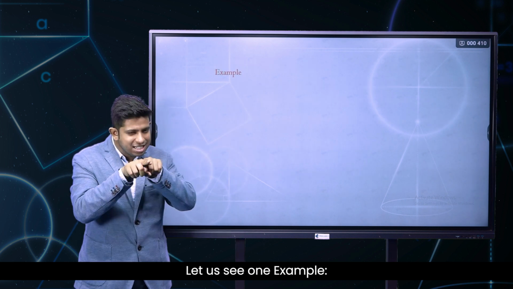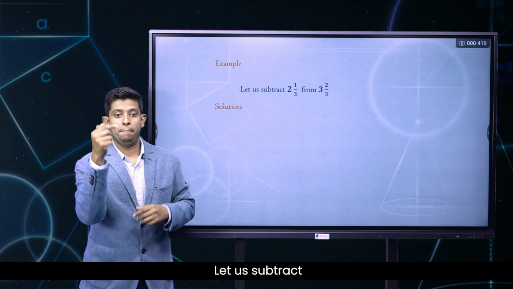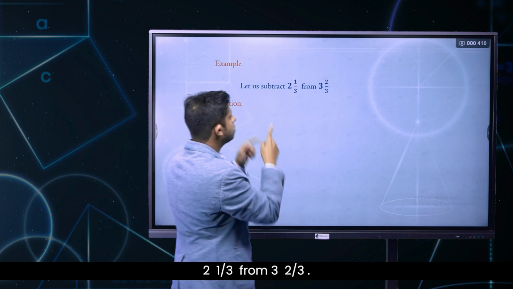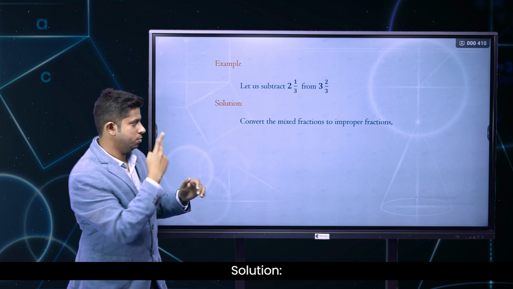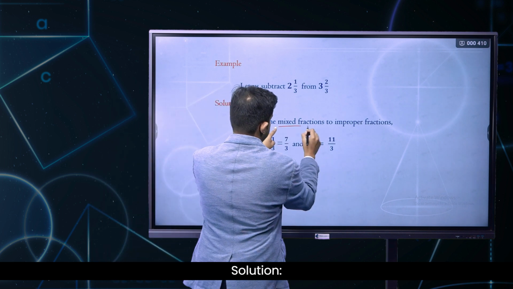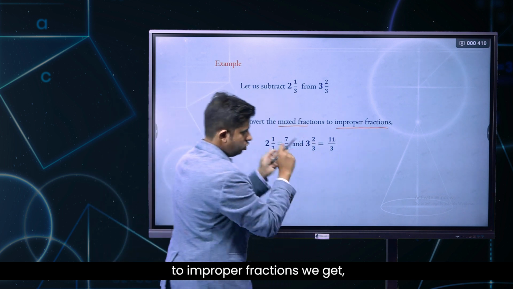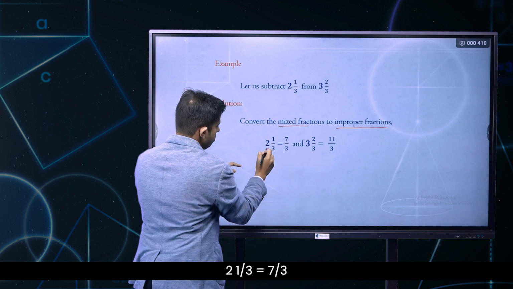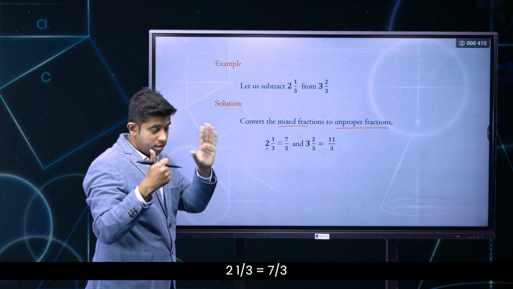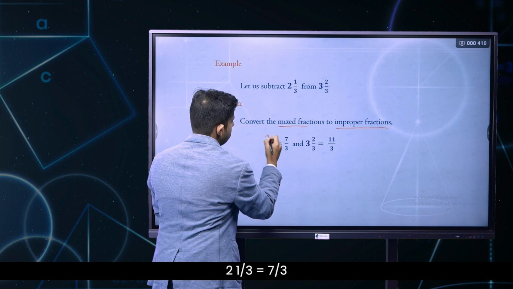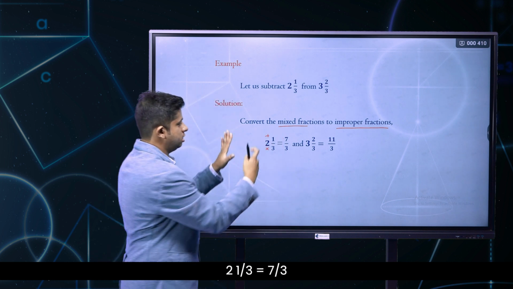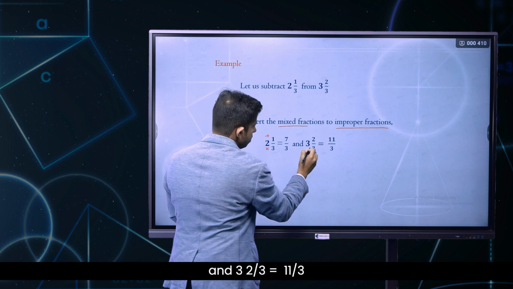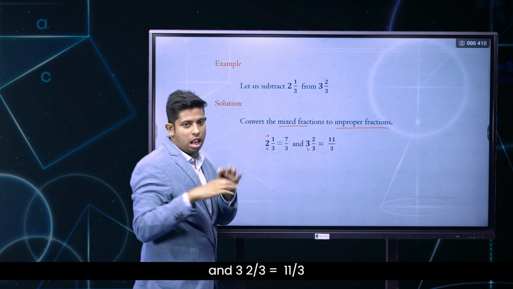Let us see one example. Let us subtract 2 by 3 from 3 by 3. Solution. After we convert the mixed fractions to improper fractions, we get 2 by 3 is equal to 7 by 3. And 3 by 3 is equal to 11 by 3.